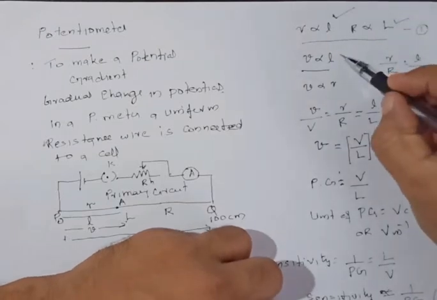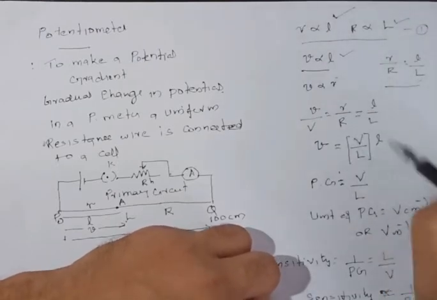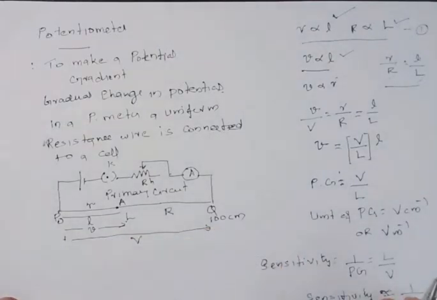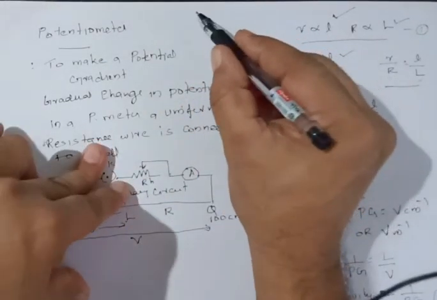Then the potential difference between 2 points and the length, that is the second relationship. Then finally we have the potential gradient. So let us put all these equations together. I will make a relationship table here.